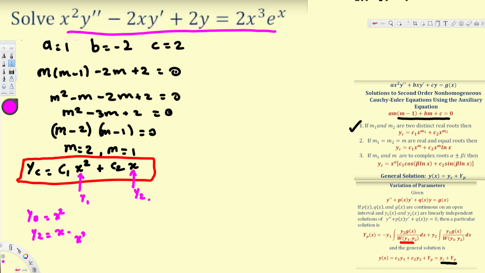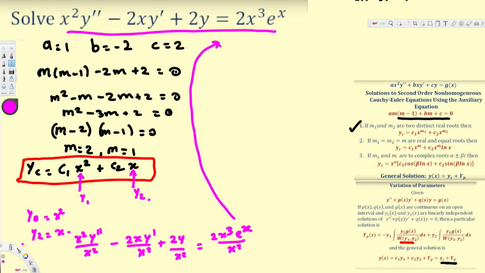Now let's go ahead and do that. So this is going to be x square y double prime divided by x square, minus 2x y prime divided by x square, plus 2y divided by x square, is equal to 2x cube e power x divided by x square.